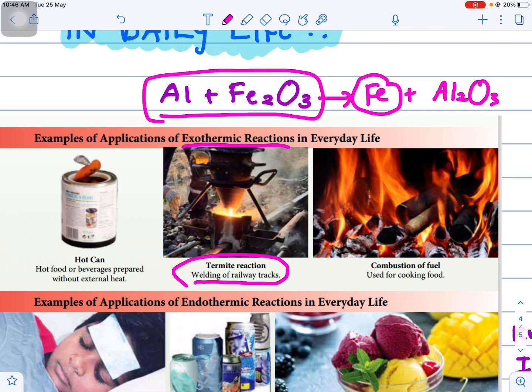Number 3 example of exothermic reaction is the combustion of fuel, like what we discussed in our previous lesson, heat of combustion. We can use any fuel like methanol, ethanol, or maybe methane, propane. When we burn that fuel, it is going to release heat, and the heat released we can use for cooking our food.